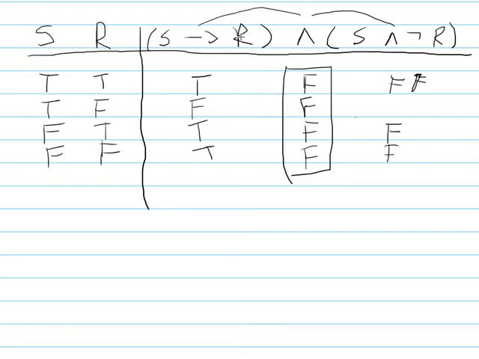And intuitively, the reason why, which we can see without constructing the truth table, is that the meaning of the conditional, the only case in which the conditional is false, is when the antecedent is true and the consequent false.